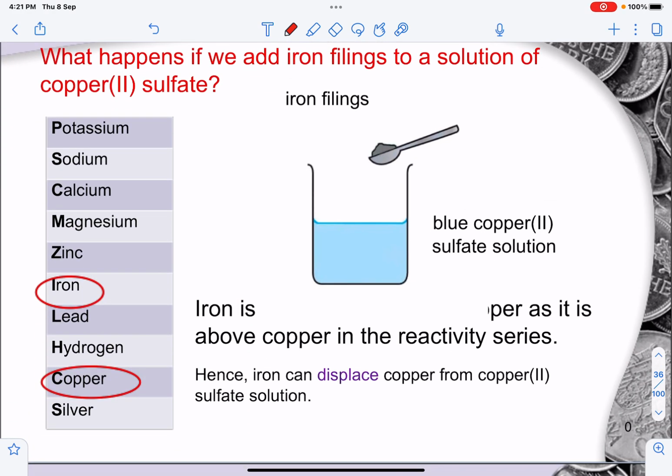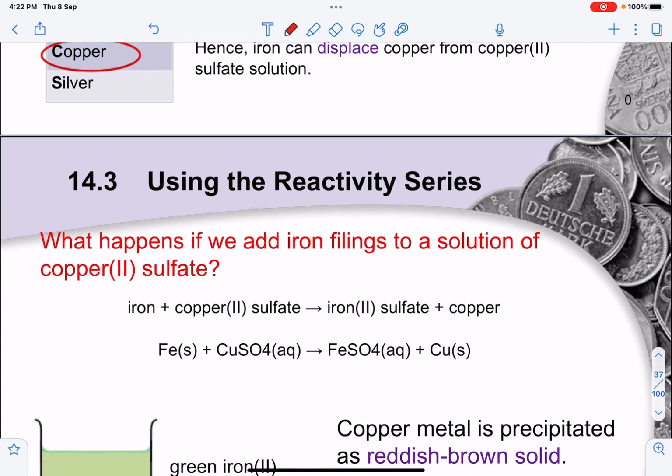So what we can see here is iron is more reactive than copper, as it is above copper in the reactivity series, therefore iron can displace copper from copper 2 sulfate solution.